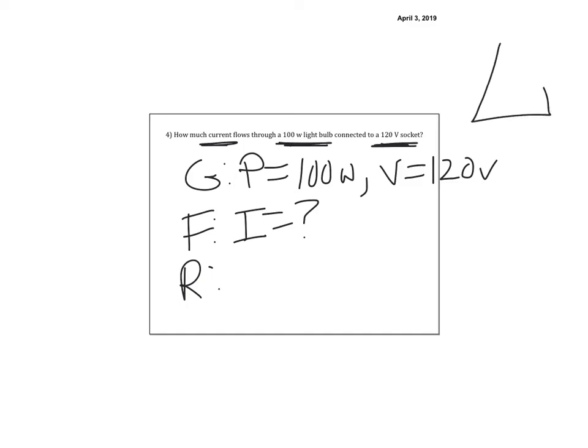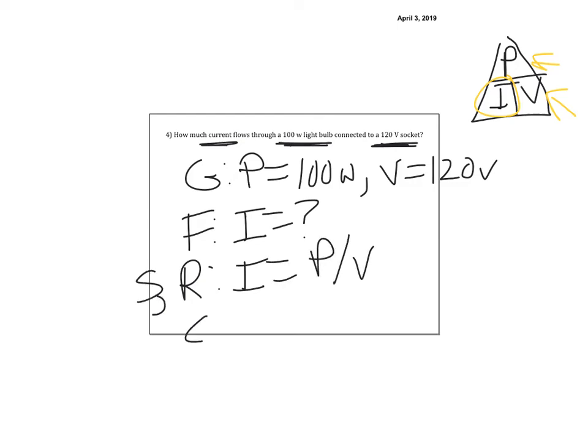It's not Ohm's triangle, but remember P is equal to IV. If I want to find I, it's P over V. So I equals P over V. Plugging in, I is equal to 100 watts over 120 volts.